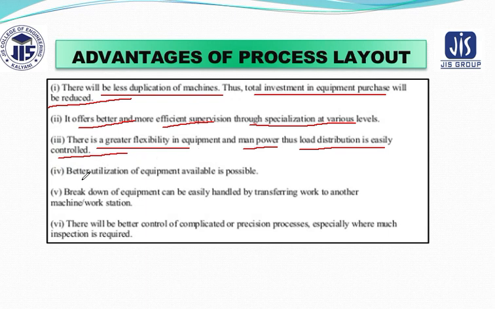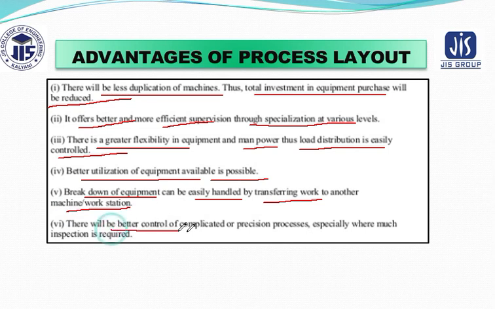Fourthly, better utilization of equipment that is available as much as possible. Fifth, breakdown of equipment can be easily handled by transferring work to another machine or work section. And finally, there will be better control of complicated or precision processes, especially where much inspection is required. So these are the six advantages of process layout.